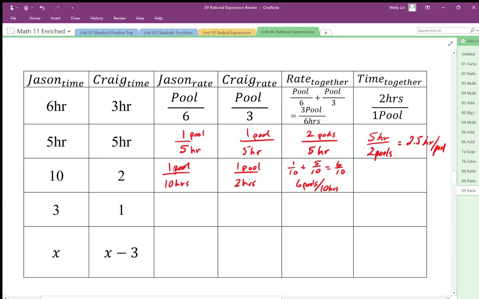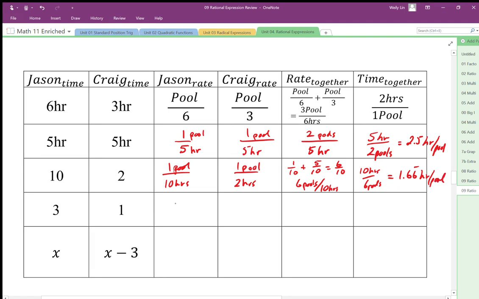If I want to know the hours for one pool working together, we can add those rates. We have 10 hours for 6 pools, so that's about 1.6 repeating hours per pool.